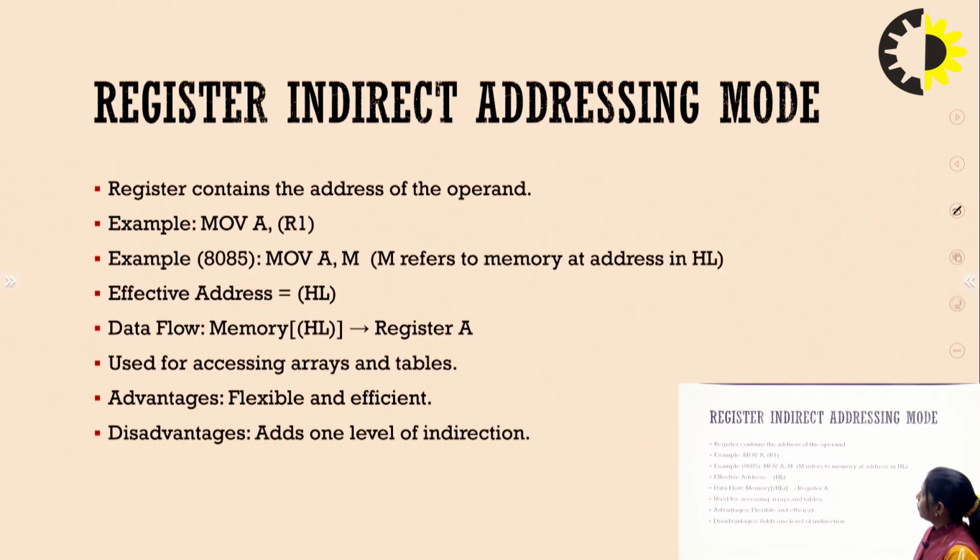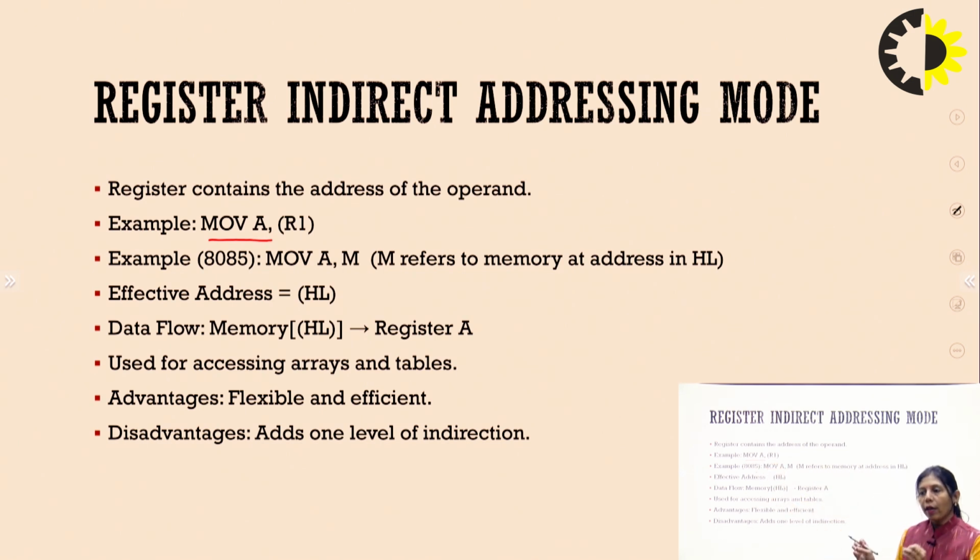Next is the register indirect addressing mode. Again, it behaves like the indirect addressing. Here, again we have the same accumulator.